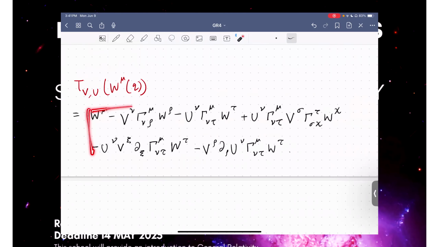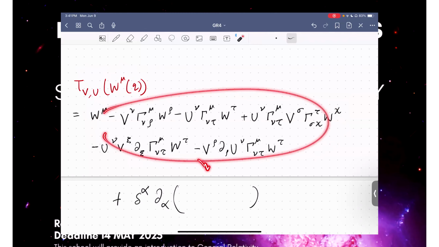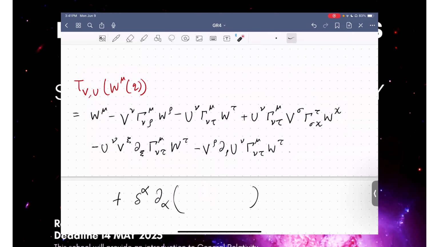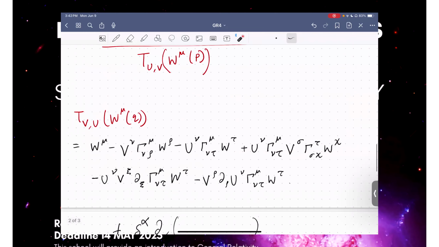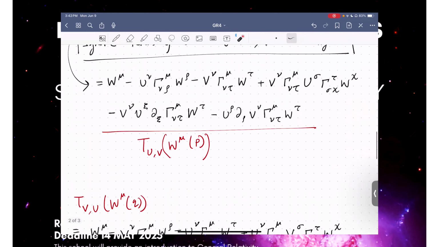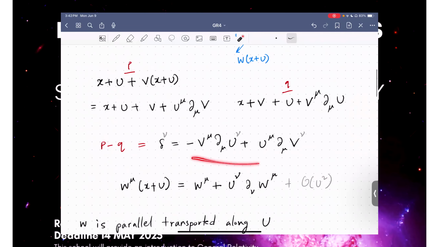Now, looking at this, it seems a bit messy, right? Because what we really have to do is take this, and then take delta, what is the next Greek letter? Honestly, I don't know. Let's call it alpha. Then alpha, and then we have to take this thing and put it here. It looks a bit messy. But we don't actually need to keep track of all these terms. Because what is delta? Delta is this expression.